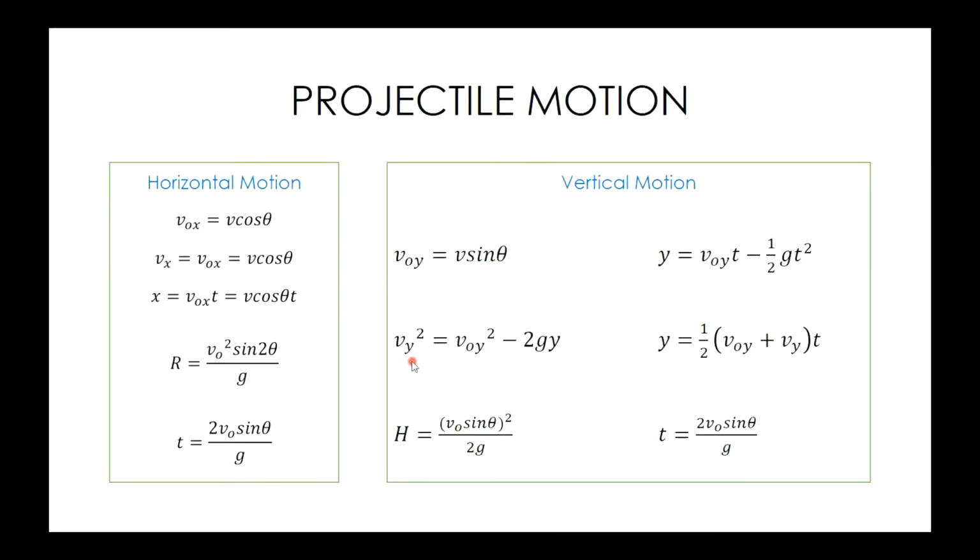And then, another formula for final velocity, we have Vy squared is equal to Voy squared minus 2Gy. So, final velocity y component squared is equal to the y component of the initial velocity squared minus 2gy.